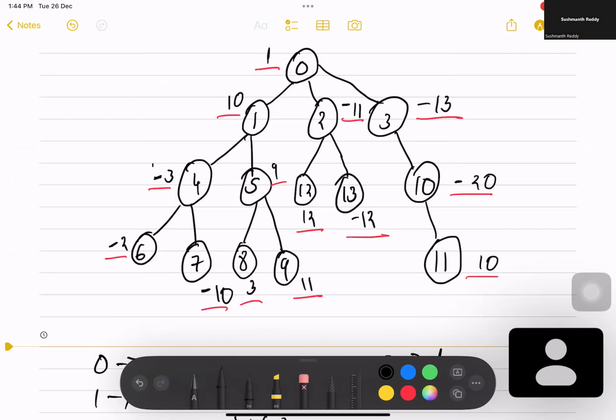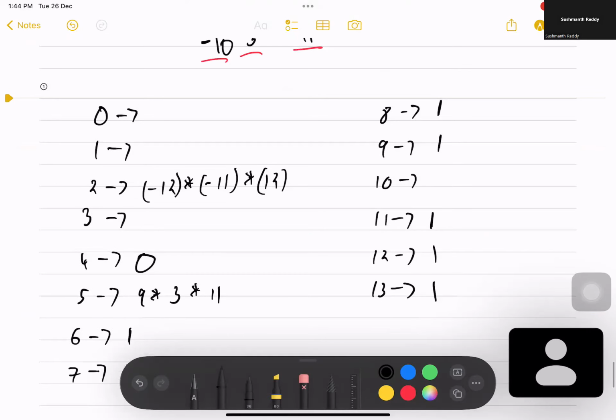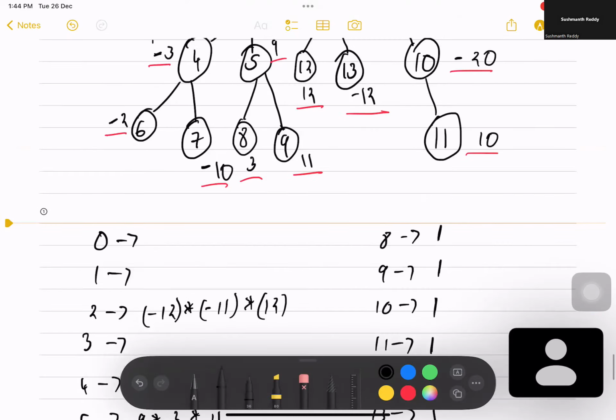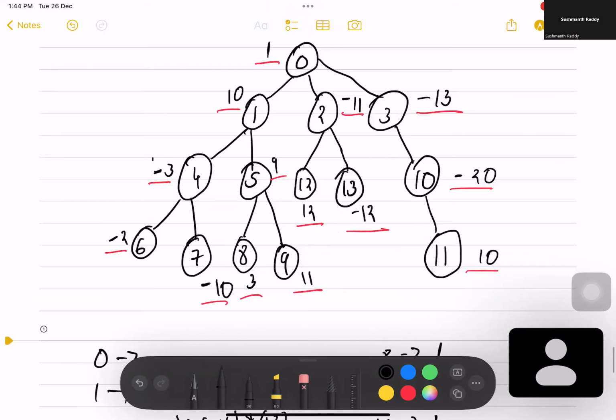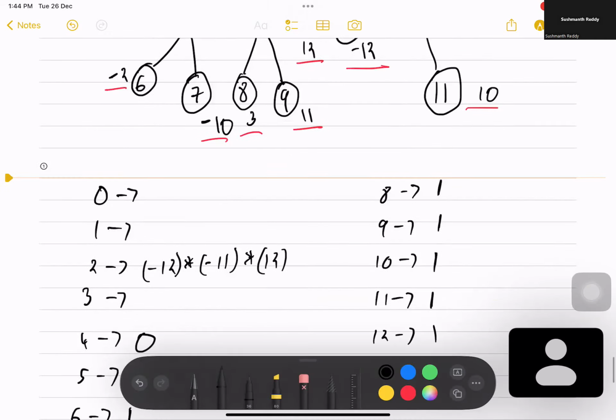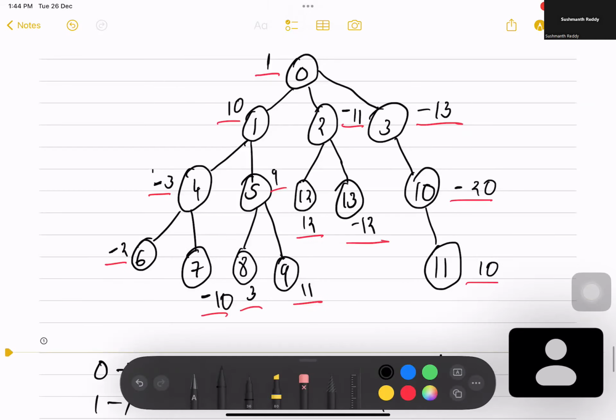Now, if we look at 10, for 10, it would be 1 again. Why? Because there are only 2 nodes, and the criteria is we should have at least 3 nodes. Then only we can apply the second condition. Now, if we look over the third node, in the third node subtree, we have -13, -20, and 10.